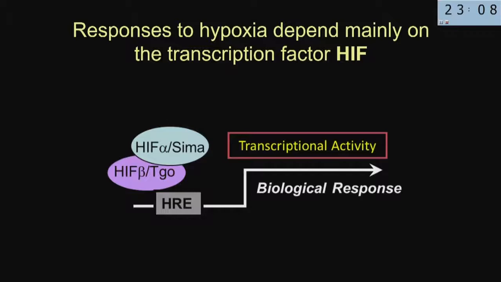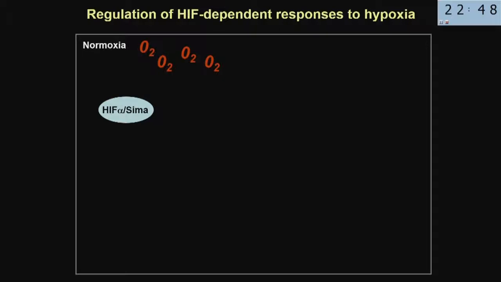They recognize HIF responsive elements on the enhancers of the target genes, and they activate a few hundred downstream genes that mediate the adaptive responses. The regulation is exerted at the level of the alpha subunit, while the beta subunit is constitutive, and the alpha subunit is regulated by oxygen.